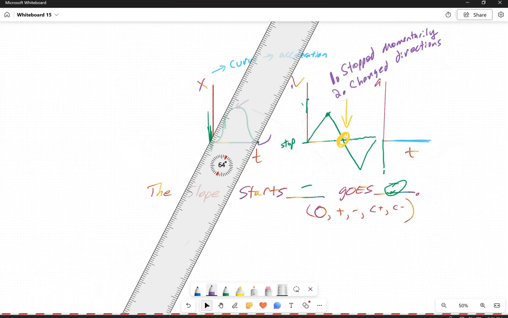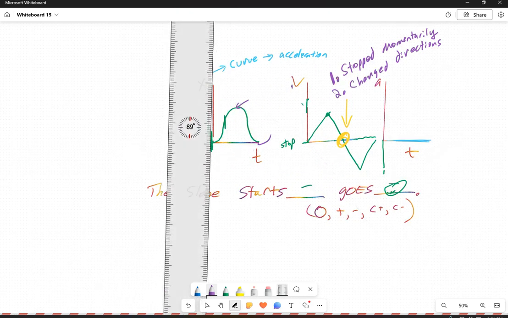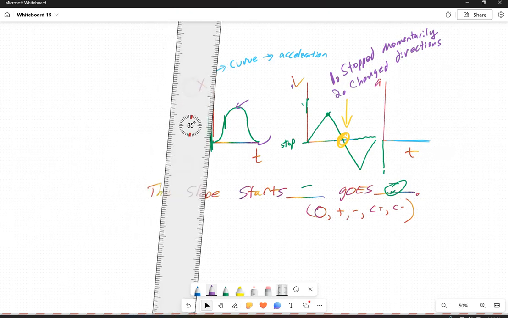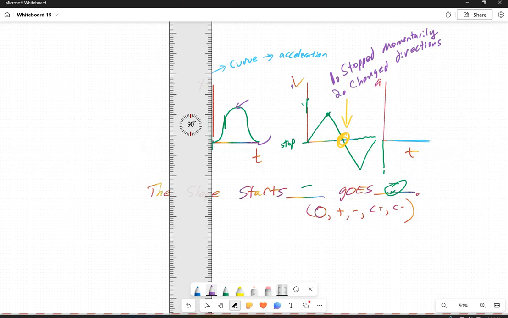It is often useful, at least for me, to look at your position versus time graph as a ruler or a meter stick. As you are moving away or up this direction, we're getting away from the zero. And then when we're going down, we're going towards the zero. So you can see the actual literal change in direction.